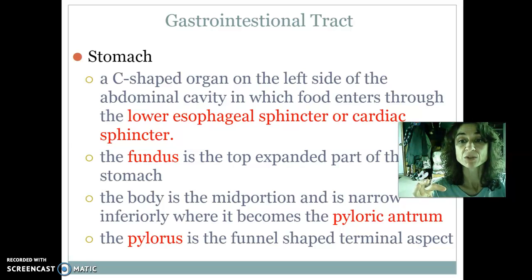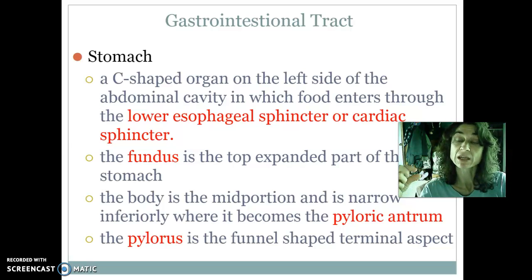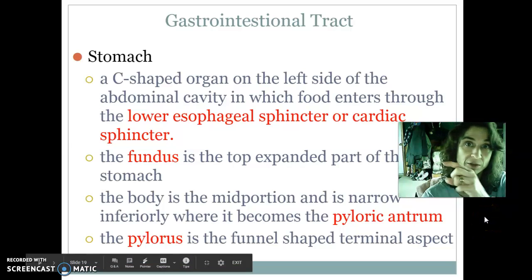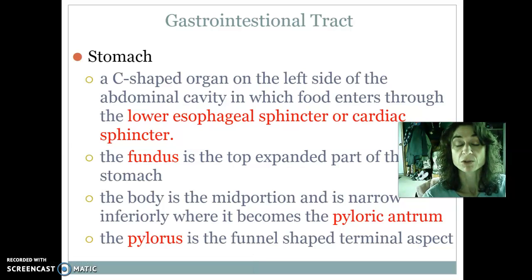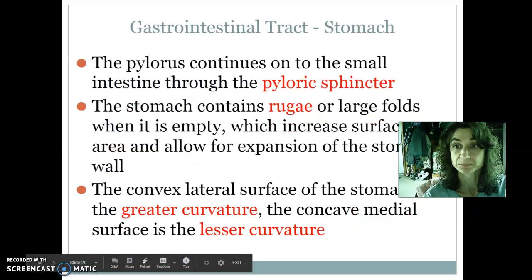As it narrows, that portion is called the pyloric antrum. The pyloric antrum is going to lead to the pylorus, which is the very end part of the stomach. Okay. It kind of funnels. It funnels down like a funnel would, from larger to smaller, until it gets to the pylorus.